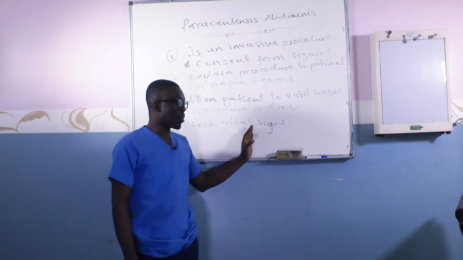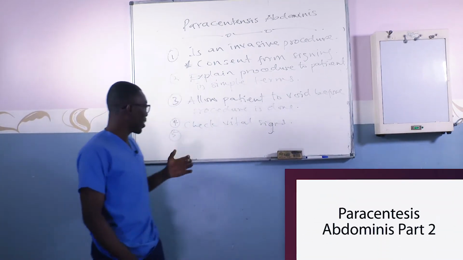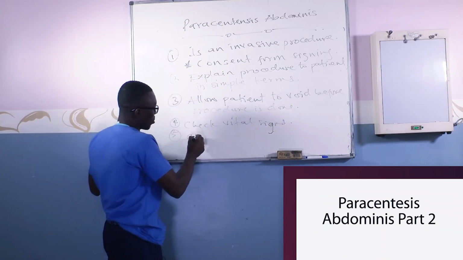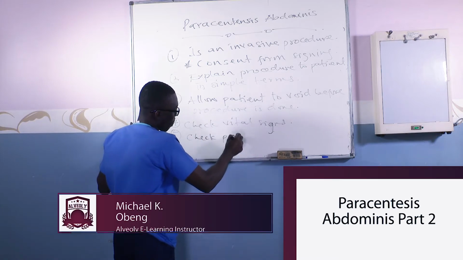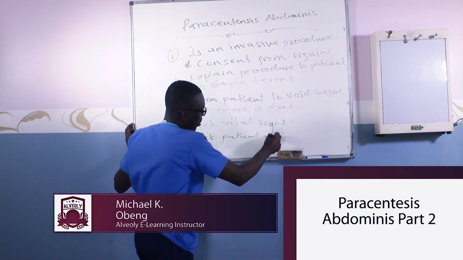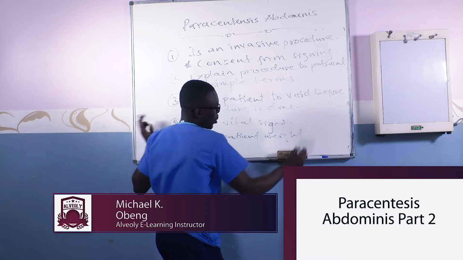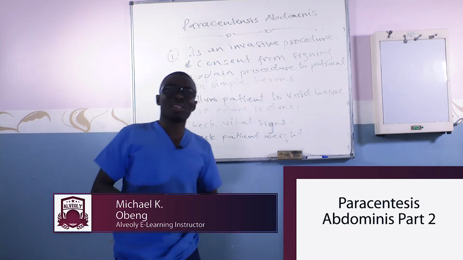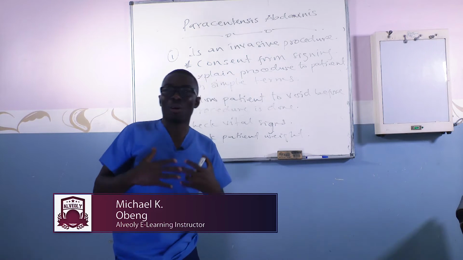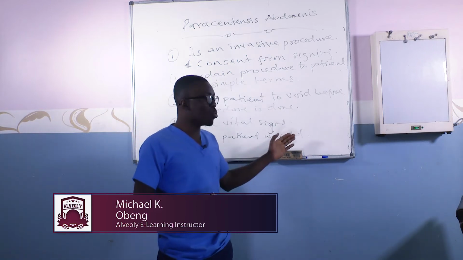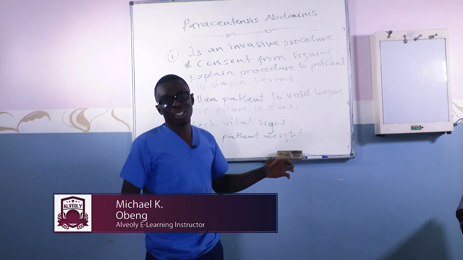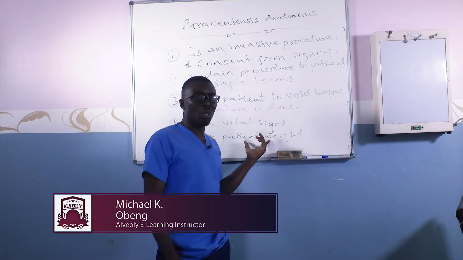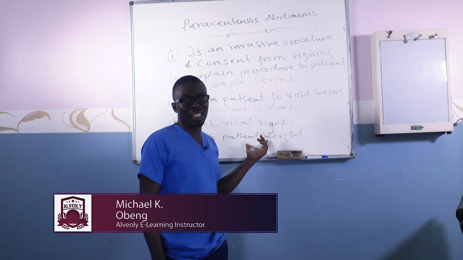All right, so we said it's very important for us to check the vital signs, and our next line is to check patient weight. Our weight is made up of our fluid compartment. So if you are going to drain some amount of fluid, it's very important for us to check the weight so that we will know the baseline data.